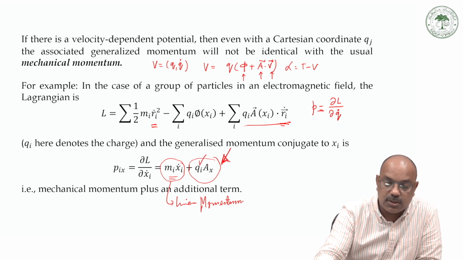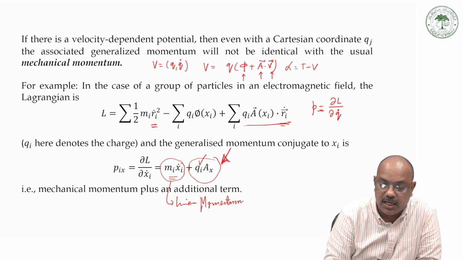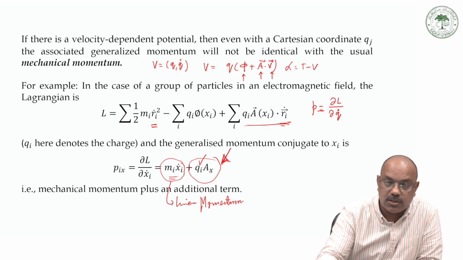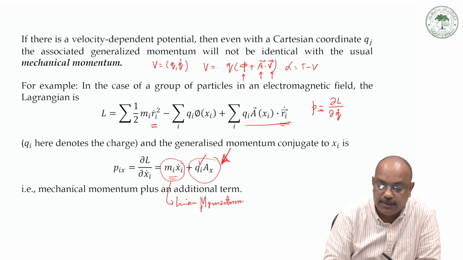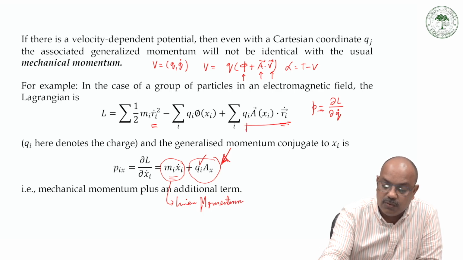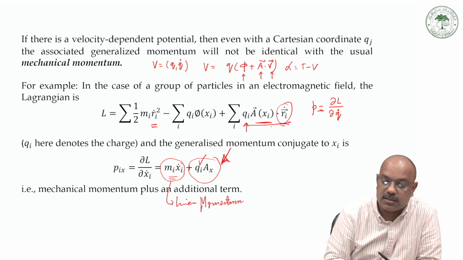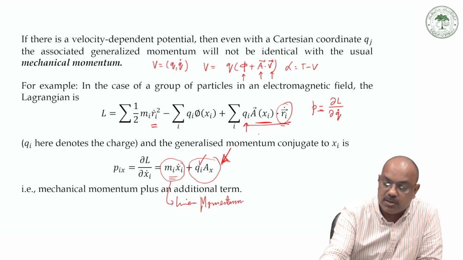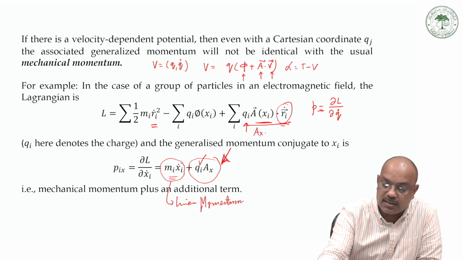But since the potential depends upon the velocity, a factor is added here. This is q times A, where q is representing the charge, not the generalized velocity. A has components Ax, Ay, Az, and the velocity has components x dot, y dot, and z dot.